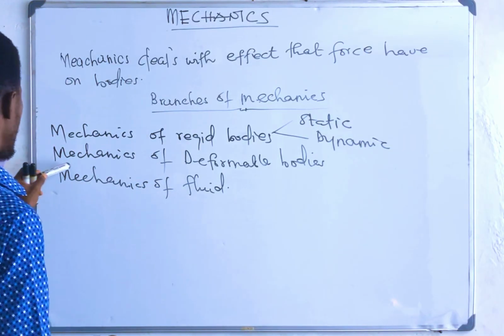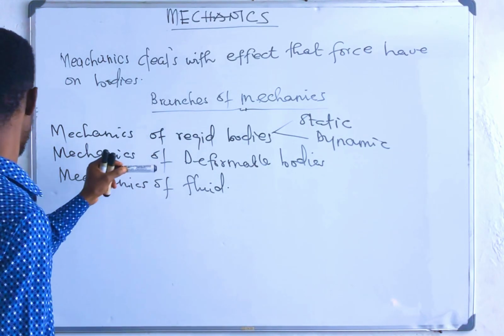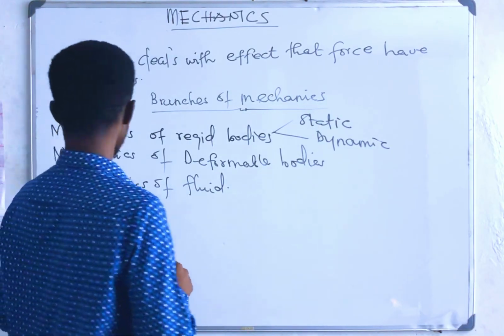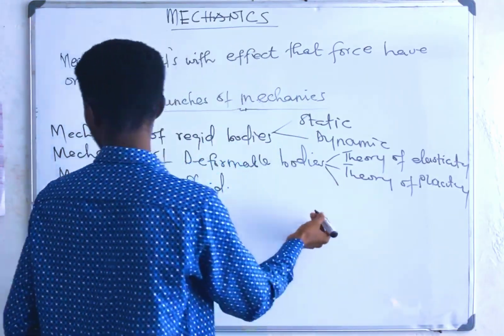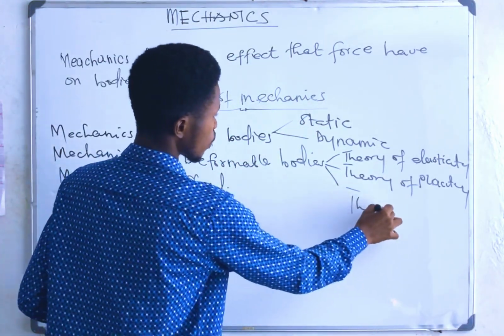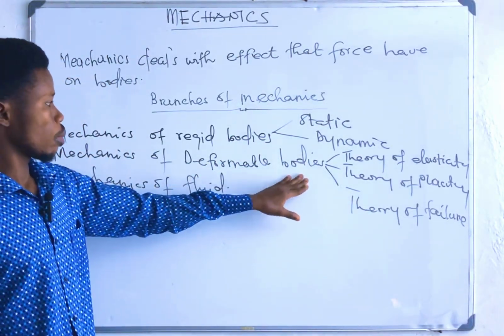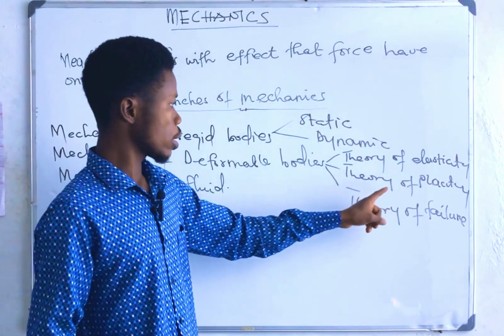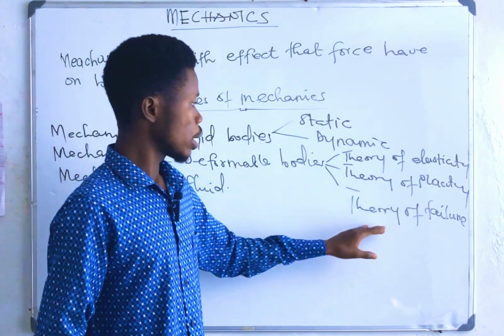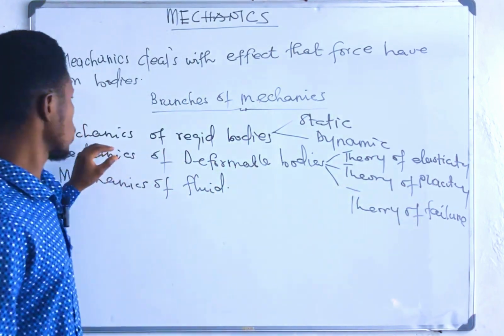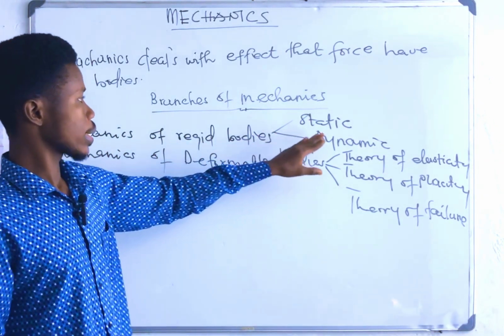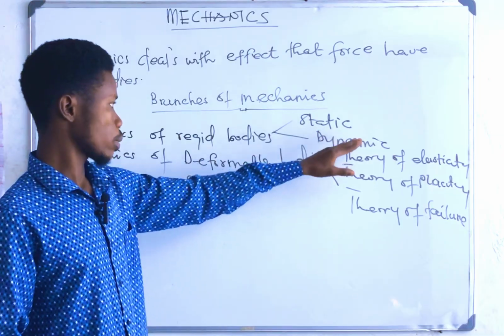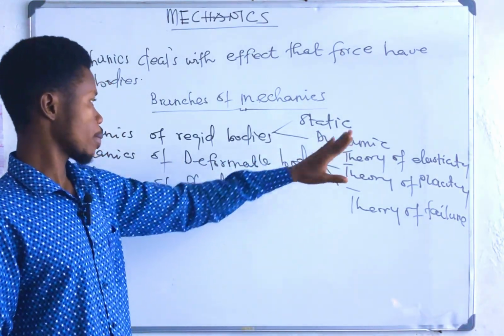Then we also have mechanics of deformable bodies. For that one, we have the theory of elasticity, theory of plasticity, and theory of failure. And when we come to mechanics of rigid bodies, you have the static and dynamic.